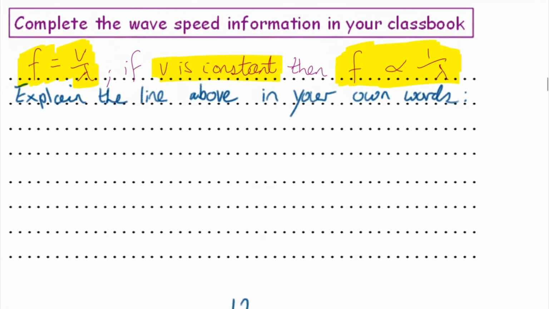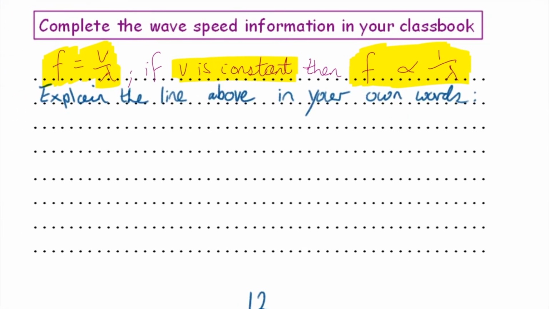Now everything that I just said there, I want you to explain in your own words, and you can rewind the recording and listen to it back. But before you do that, I want to use a bit of simulation software to help you understand that a little better, because it is an important part of physics and understanding waves, and we'll be using it more when we learn about the electromagnetic spectrum.